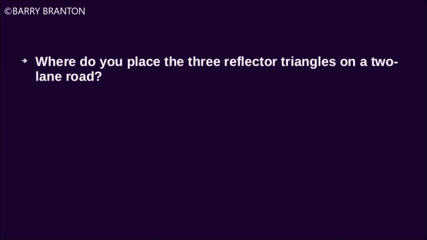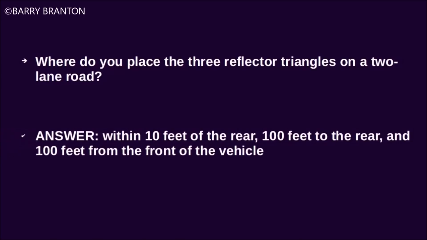Where do you place the 3 reflector triangles on a 2-lane road? Within 10 feet of the rear, 100 feet of the rear and 100 feet from the front of the vehicle.